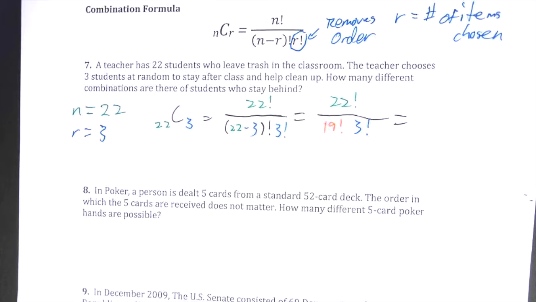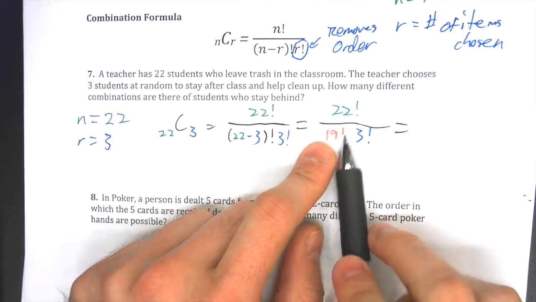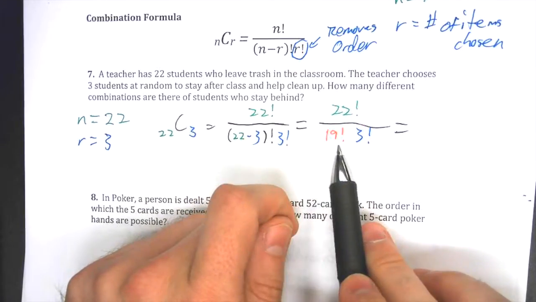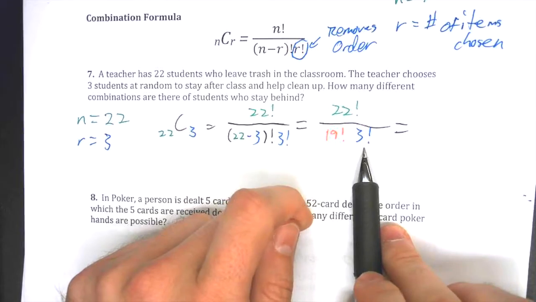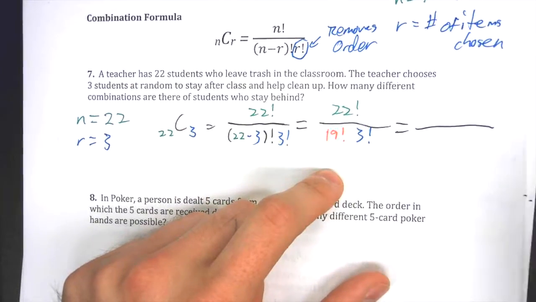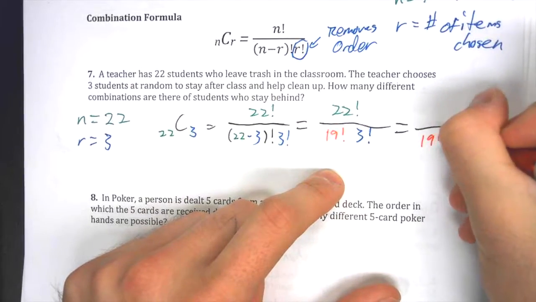We want to cancel out as much as we can in that denominator. In this case, our biggest value in the denominator is 19. Sometimes you'll run into situations where the bigger factorial is not the first factorial. Sometimes it's the second. You always want to try to cancel out the bigger factorial. So I'm going to rewrite 19 factorial down here.